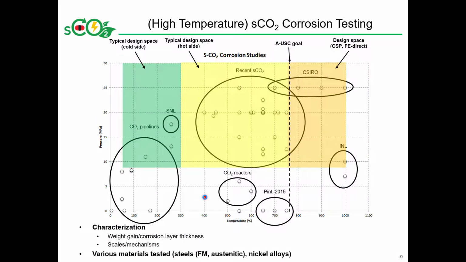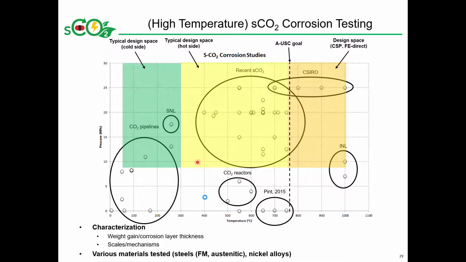So this slide here is just a brief summary of the pressures and temperatures for various corrosion testing that has been performed. And we can see that they cover kind of the entire design space for perhaps the cold side of an sCO2 cycle, typical hot side of an sCO2 cycle, as well as some higher temperature cycles, so concentrated solar power cycles, direct fired fossil energy cycles, that sort of thing.